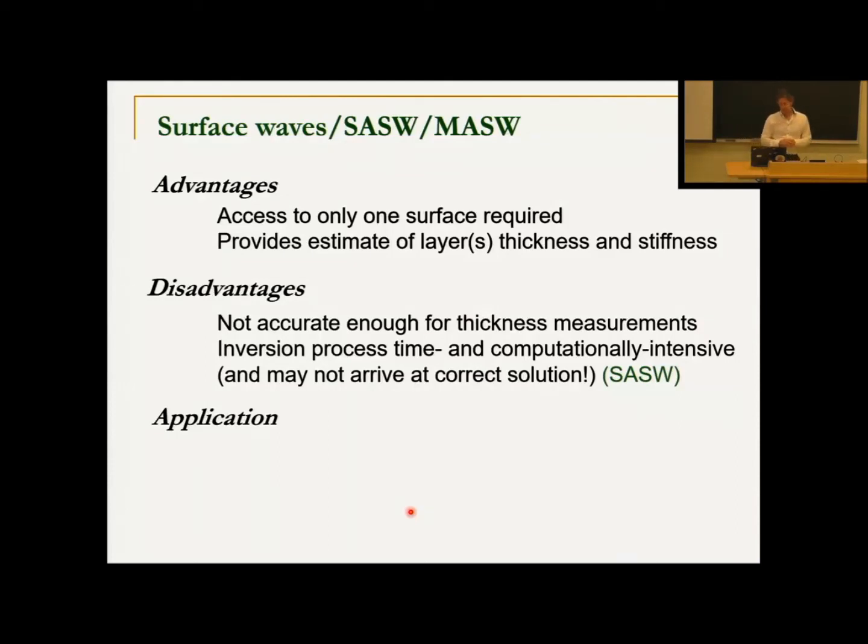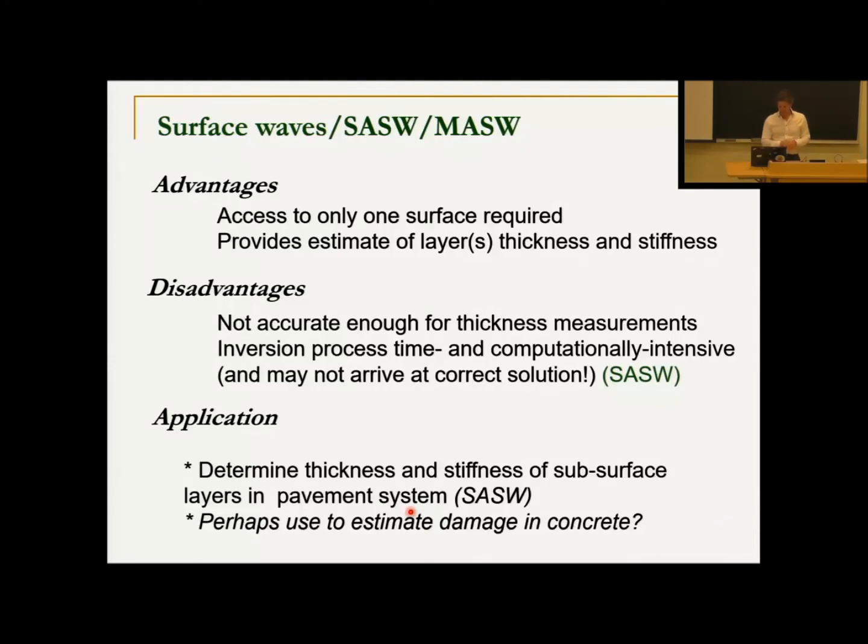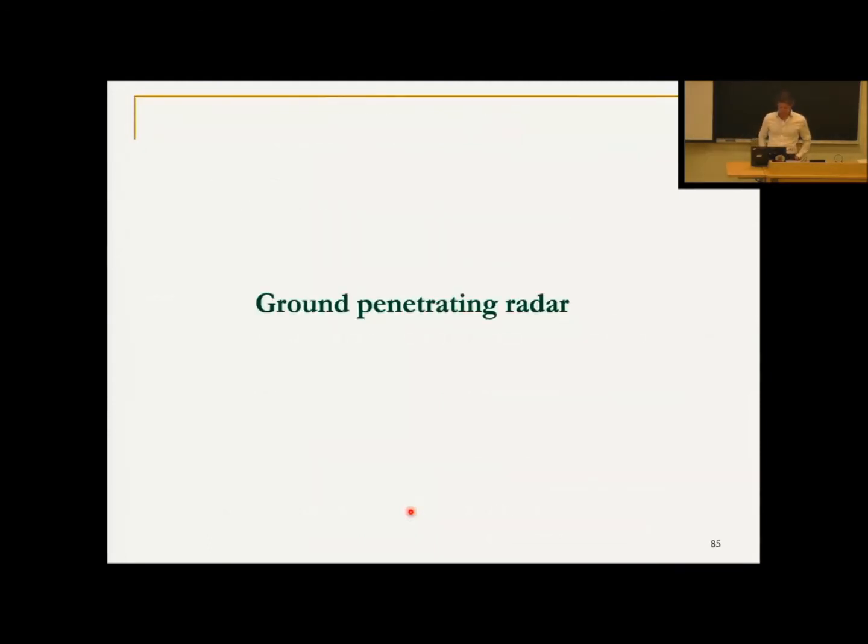And the SASW method may not converge to the correct solution because of its limited data. But still, the SASW has been used to monitor near surface stiffness properties, or thickness and stiffnesses of layered structures like pavements. Can we use it to estimate damage in concrete? Our research shows that it can be quite effective there.